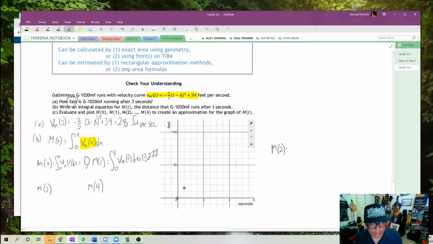Okay. t equals 2. This is going to be the integral from 0 to 2 of Vm(t) dt. Let's see what that is on our calculator.